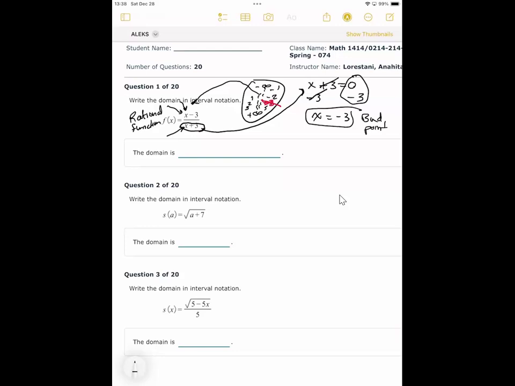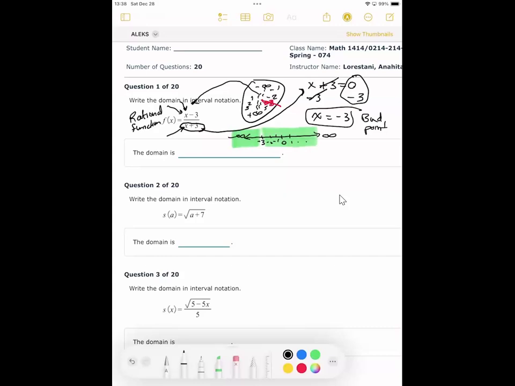So therefore, the domain is, if this is my real number line from negative infinity to positive infinity, let's say 0, 1, -1, -2, -3, everything is fine. I can pick any of these numbers and any of these numbers. The only thing I cannot pick for x is -3. How do we show it in interval notation? You start from left.